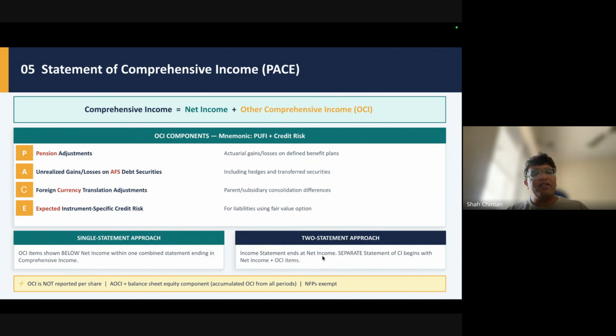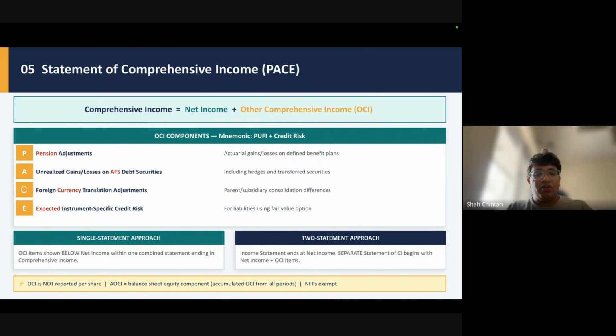So both presentations are accepted. नंबर टू, ओसीआई जो है वहां पर कभी भी ईपीएस रिपोर्ट नहीं होता है because these are not realized gains at all. नंबर थ्री, जो भी ओसीआई का बैलेंस होता है वो इक्विटी सेक्शन में ट्रांसफर होता है. So you have a beginning OCI, then you have a movement during the year, and then you have an ending accumulated OCI for the period.